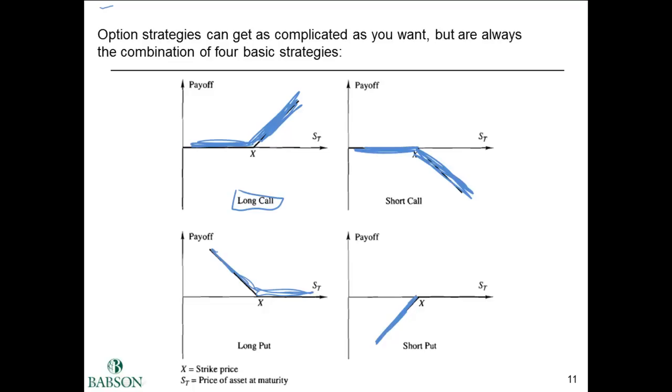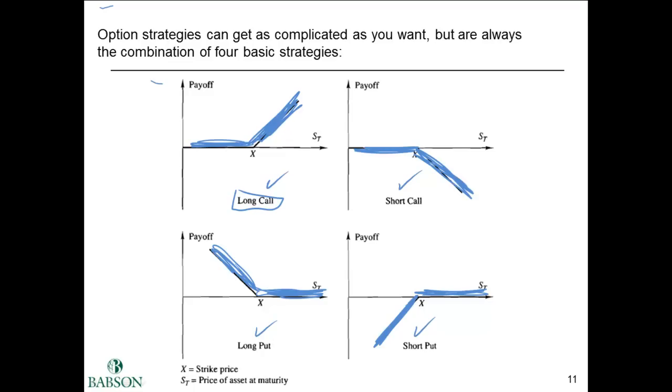Same thing for put options. Whenever I'm making money, somebody else is losing money. And whenever I've lost a little bit, they're going to make a little bit. And so these are the hockey sticks that relate to long and short positions in call options and long and short positions on put options.